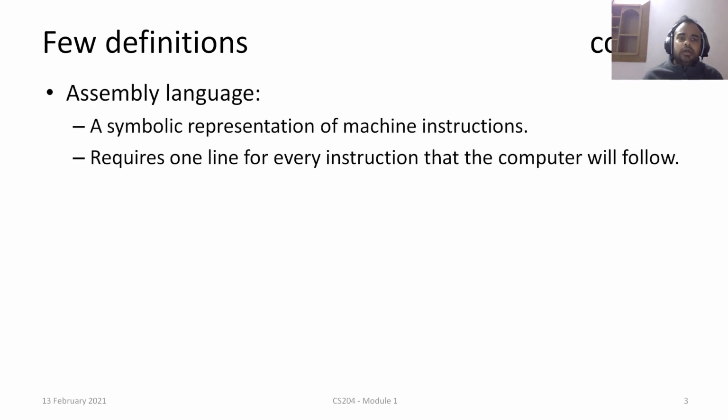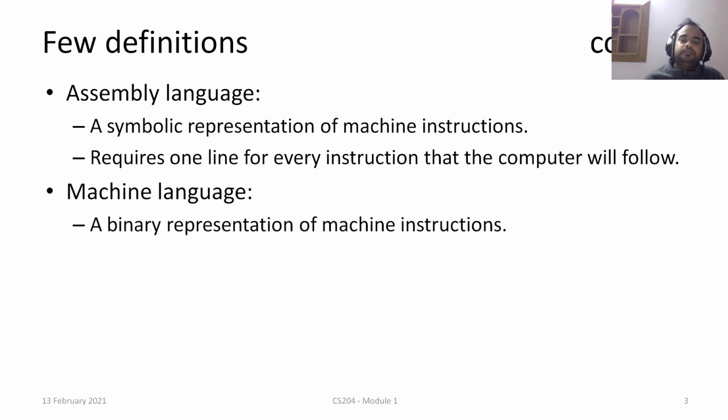Moving further, assembly language is a representation of machine instructions so that we humans can understand it. It's an intermediate language that we tend to use, and typically there would be one line in the assembly language for each instruction that a computer should operate on.